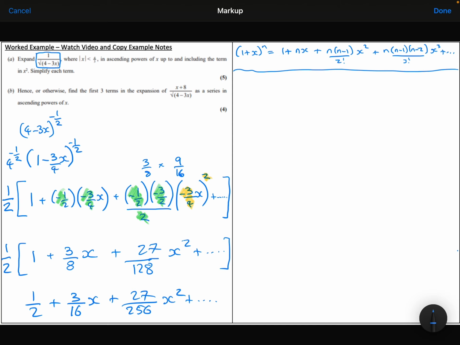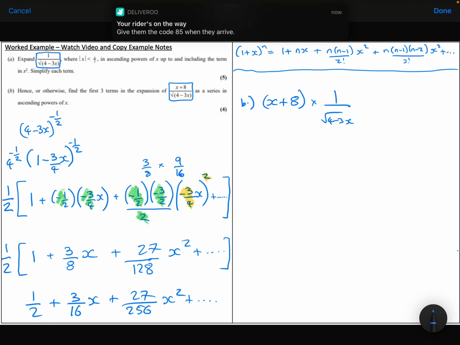Part B. Hence, or otherwise, find the first 3 terms in the expansion of this. Well, I note that that is the same thing as me doing x plus 8 multiplied by 1 over the square root of 4 minus 3x, which I've just worked out.